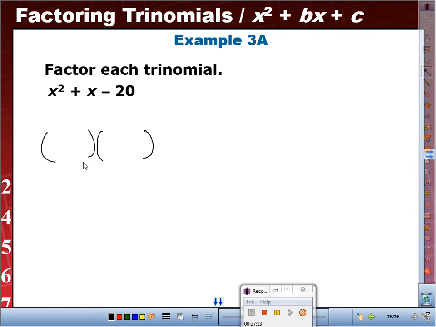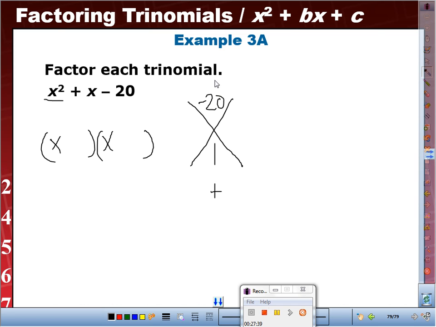Factor the first term, x and x. Draw your Power Rangers. What goes down here? 1. That's the sum.